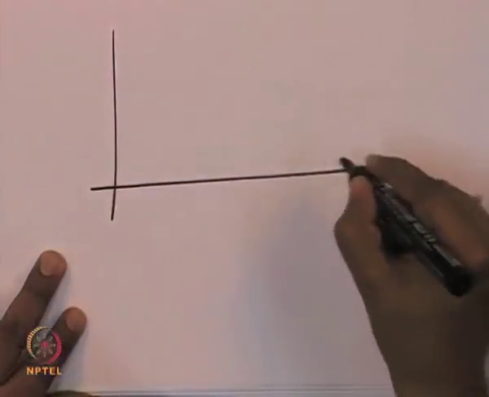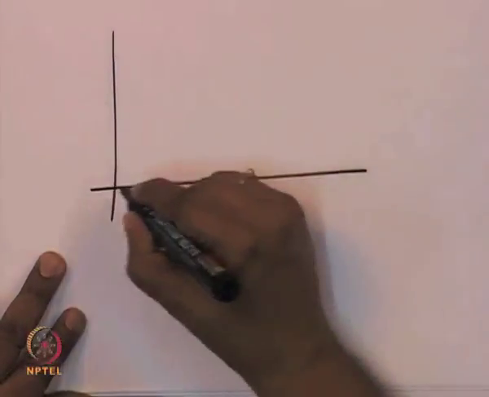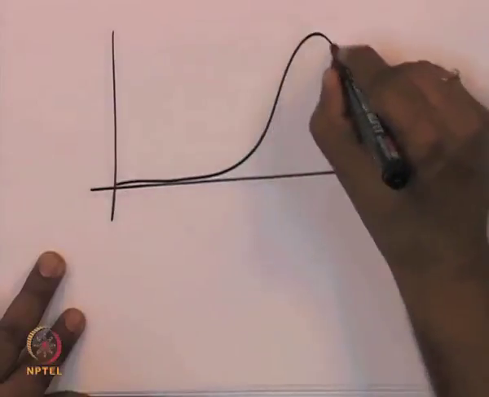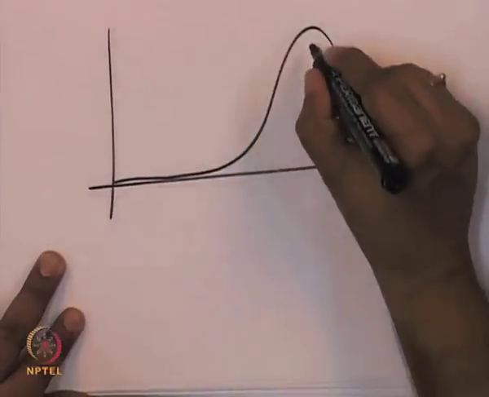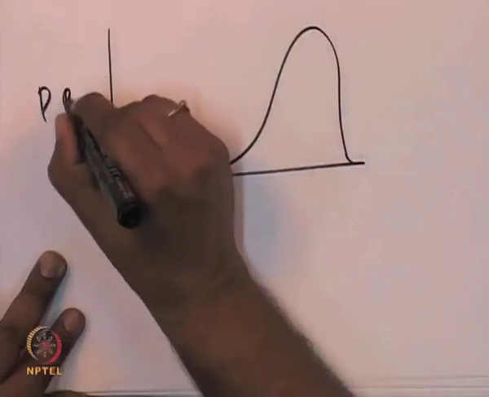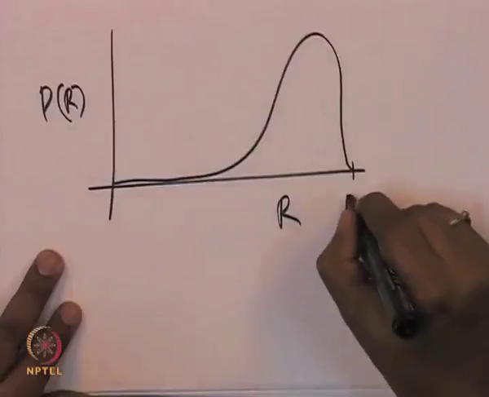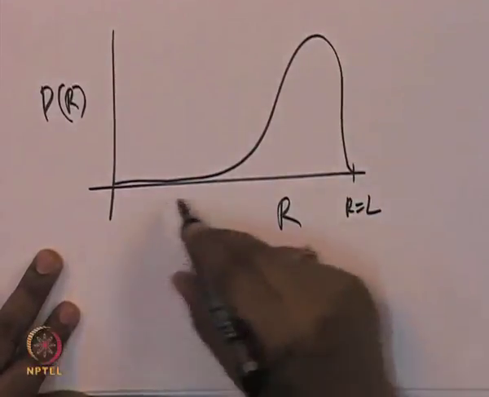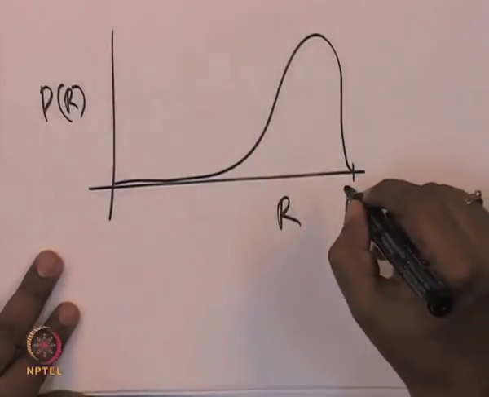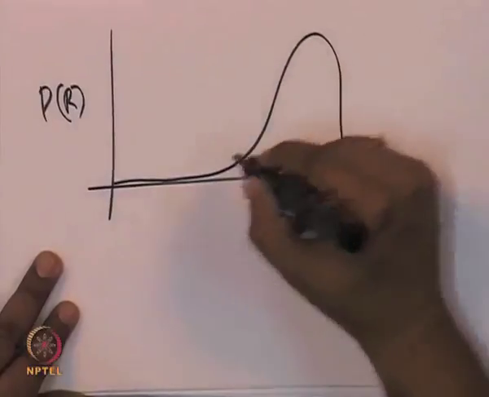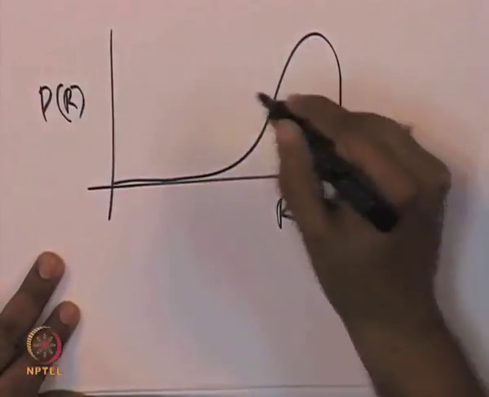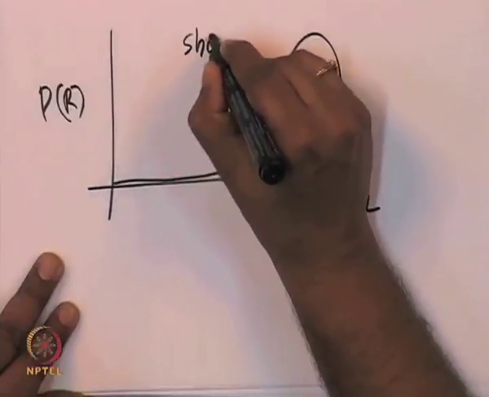So, for short DNA, if you plot the end to end distance, it will turn out to be something like this. This is P of r versus r. Here r is equal to L, the total length, where r is the end to end distance. Most of the time, r will be very close to L. So, this is short DNA.